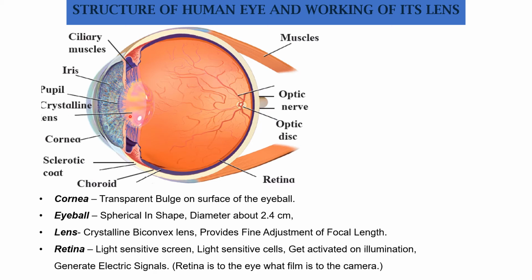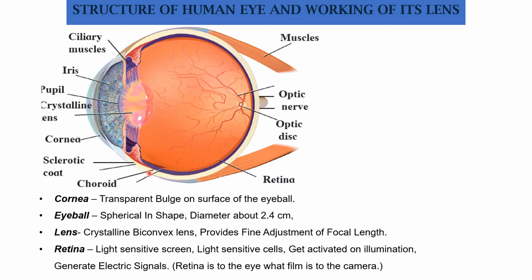So the main function of the lens is to bring about small adjustments in focal length to focus the image, and we can perceive the objects clearly that are very far from us and those which are even near to us. Now because it's a biconvex lens, we will be getting a real and inverted image of the object on the screen that is there inside the eyes.